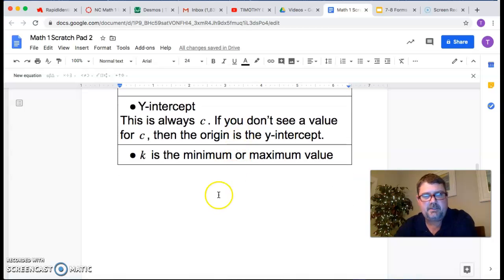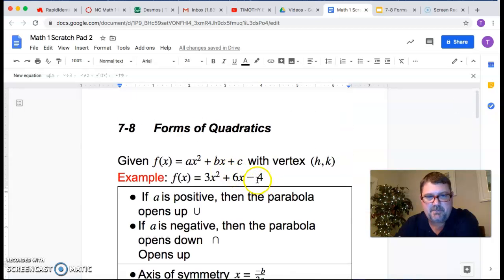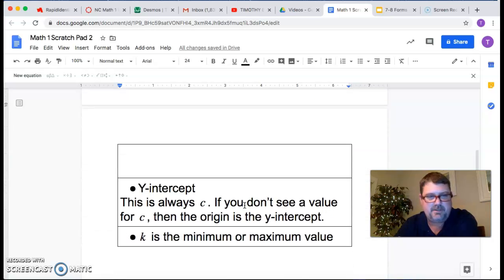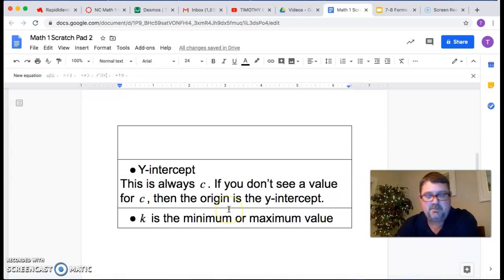Let's look at something that's the easiest thing of all to find: the y-intercept. The y-intercept is always c. For our example, it's negative 4, and you can always see it. You don't have to work hard for a y-intercept. Some people get confused when they don't see a value for c. If that's the case, plug 0 in for x, and you'll find that the origin is the y-intercept.